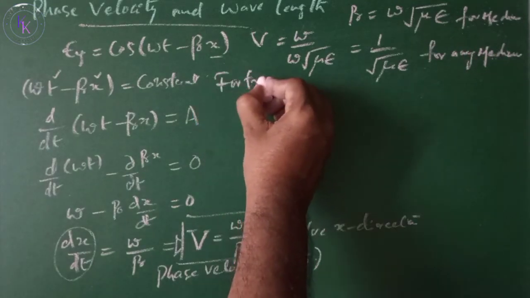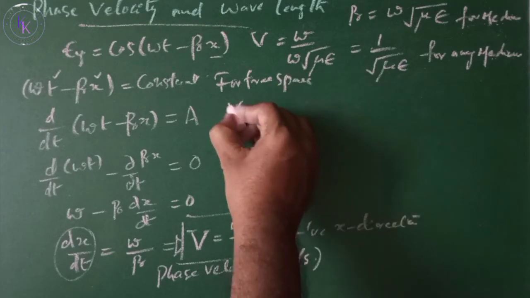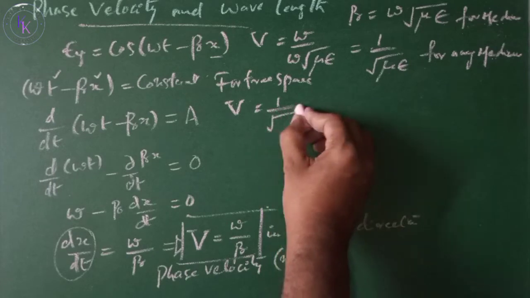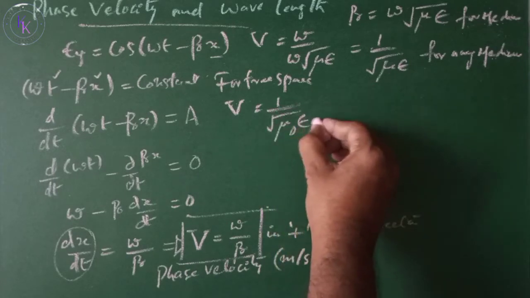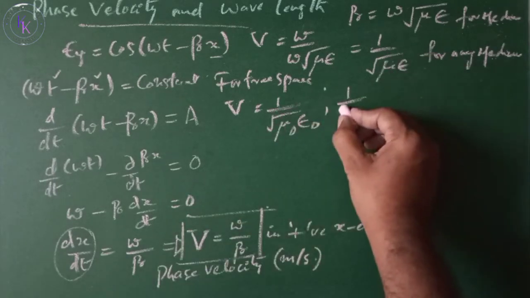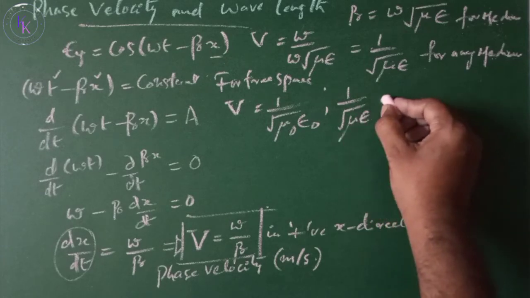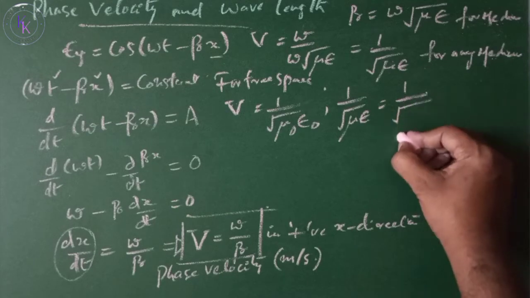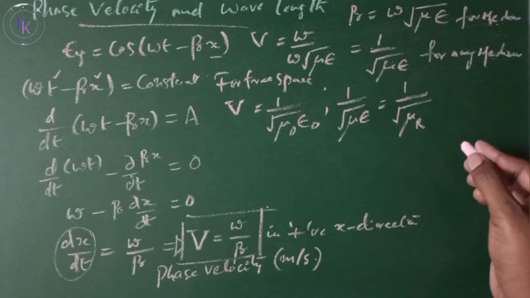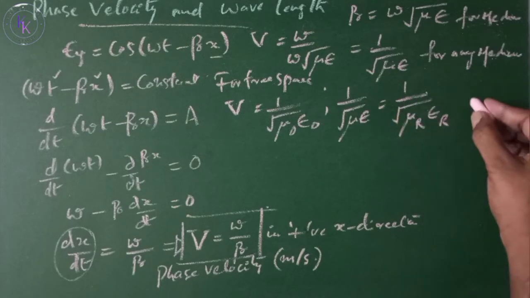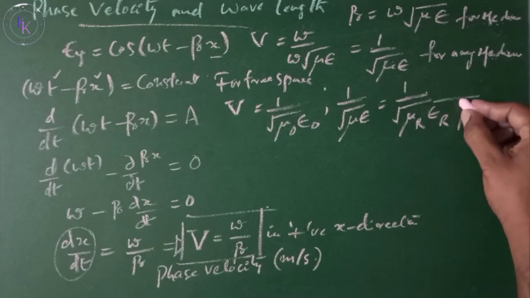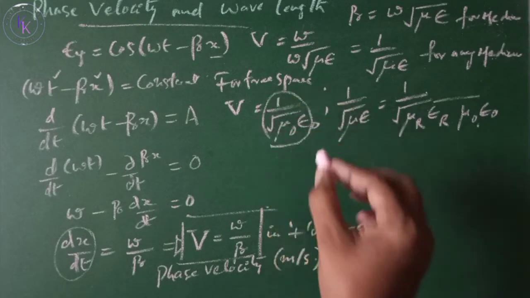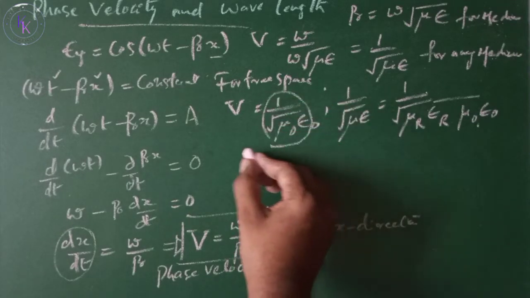For free space, the velocity of wave propagation is given by 1 by square root of mu naught epsilon naught. Let this equation be 1 by square root of mu epsilon. Then for any medium we can write this as 1 by square root of mu relative epsilon relative multiplied by 1 by square root of mu naught epsilon naught. This term is nothing but the velocity of light c.